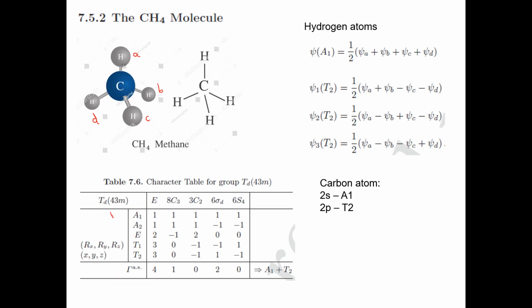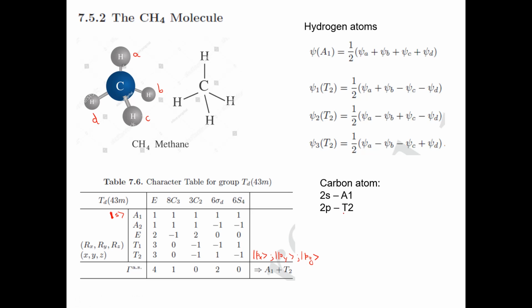So this is my carbon S state here, and you can guess again that the 3p states I can make linear combinations and make them px, py, pz, and they have the same transformation properties of the vector x, y, z. So the orbitals px, py, and pz are also a good basis function for the T2 irreducible representation. So this is done already.